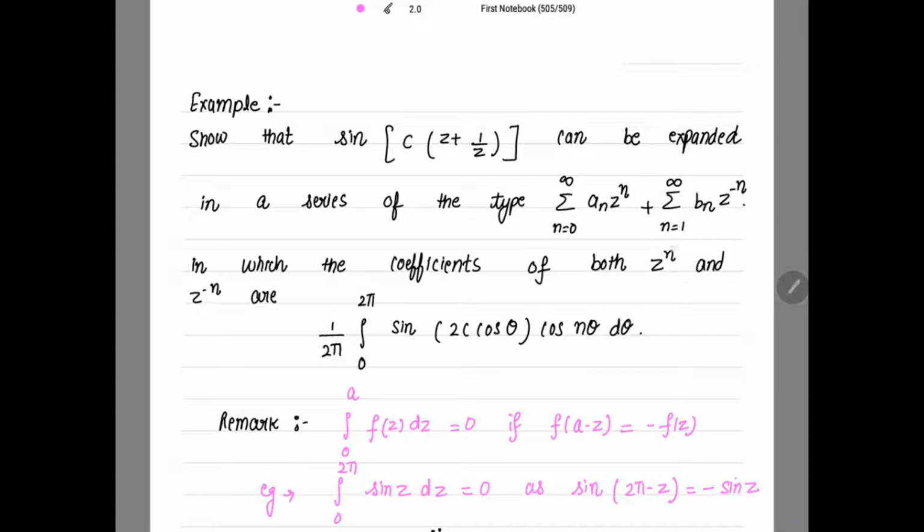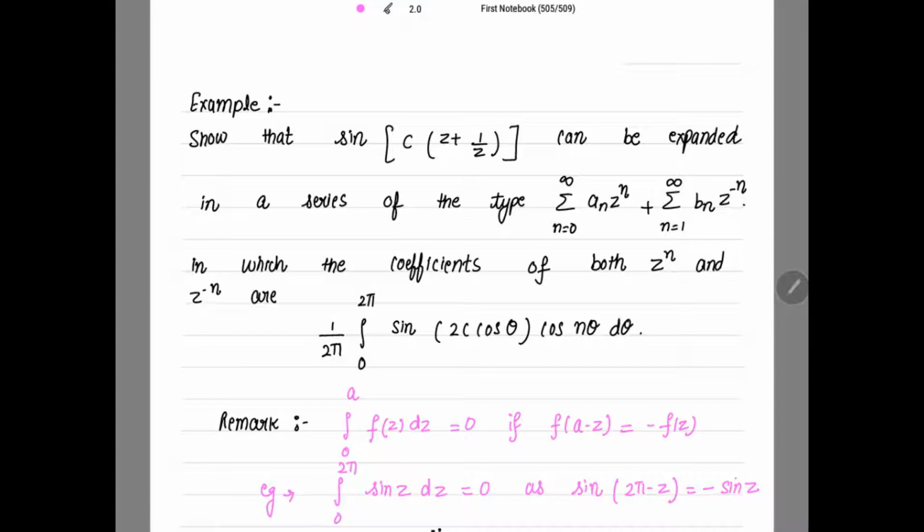Both these coefficients have the value 1 over 2 pi integration 0 to 2 pi of sine of 2c cos theta into cos of n theta d theta. This we have to prove.